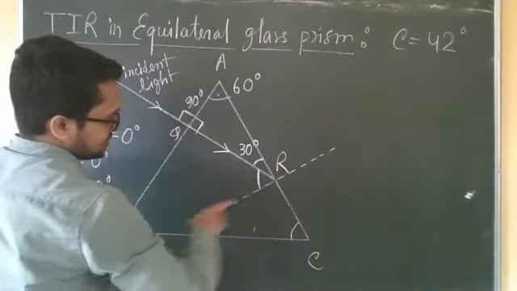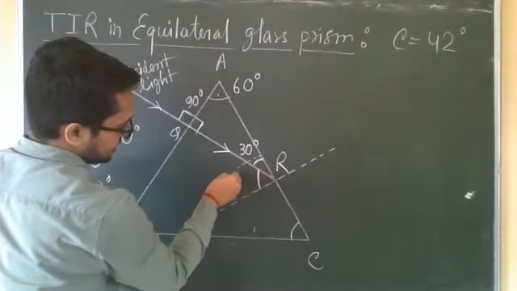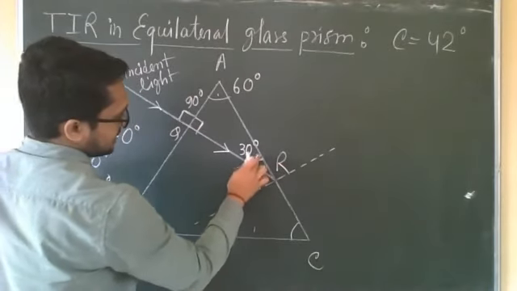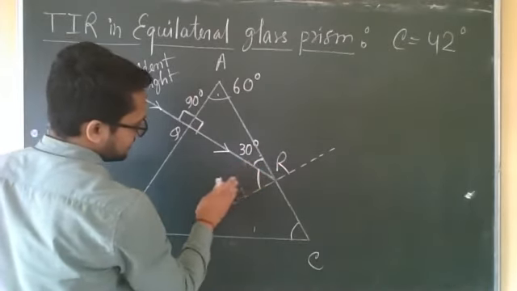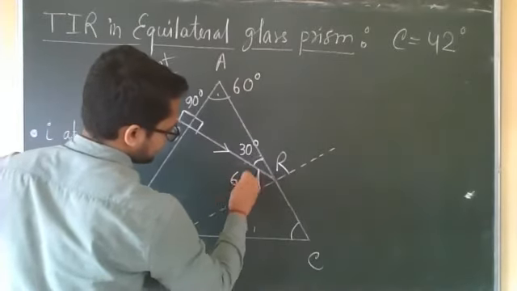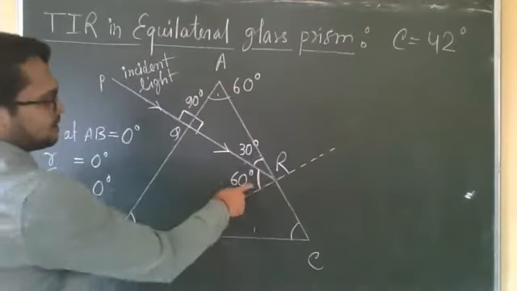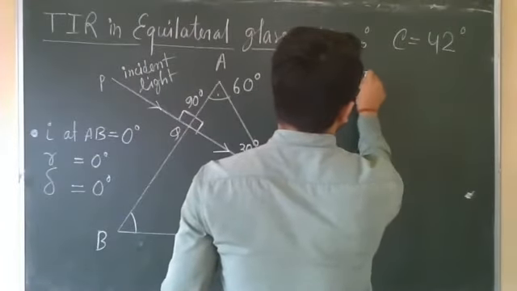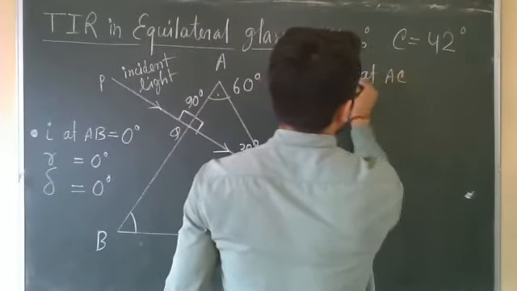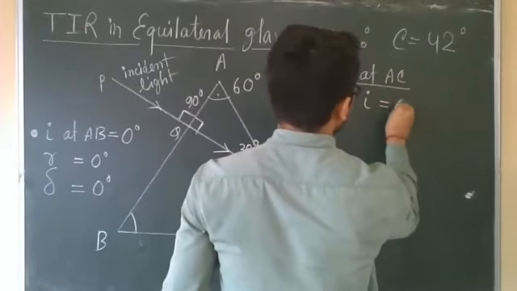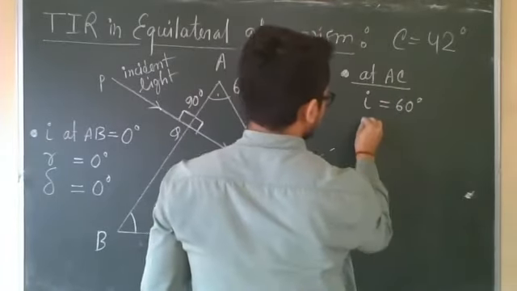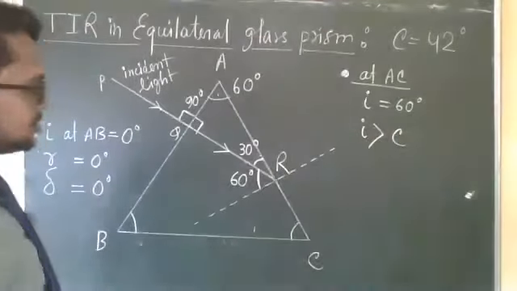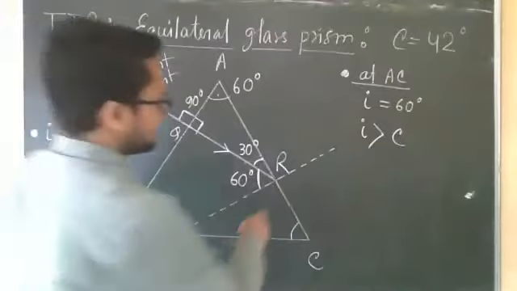Now this is the normal, so this total angle is 90. Now we know about 30. The rest part will be 90 minus 30, that means 60 degrees. So at AC, the angle of incidence is 60 degrees, and the angle of incidence is greater than the critical angle of 42 degrees. So what will happen here?